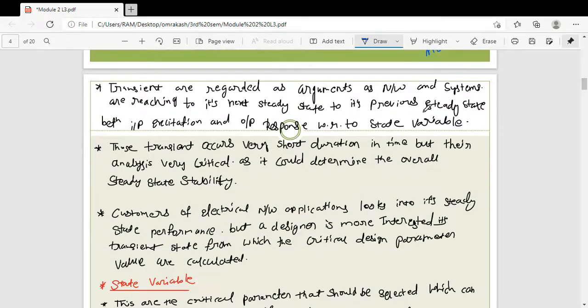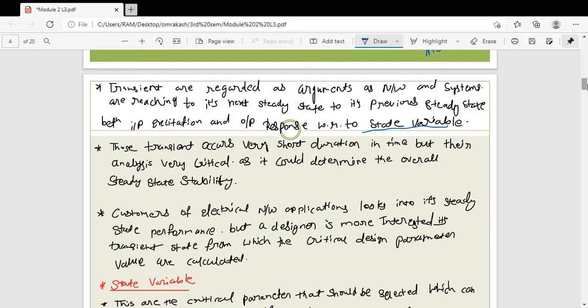Now there are some more points. Transients are regarded as the behavior of a network reaching its next steady state from its previous steady state, right? Between the input excitation and the output excitation with respect to their state variable.